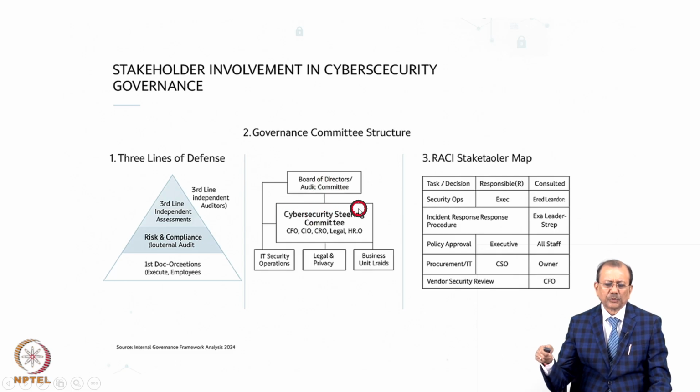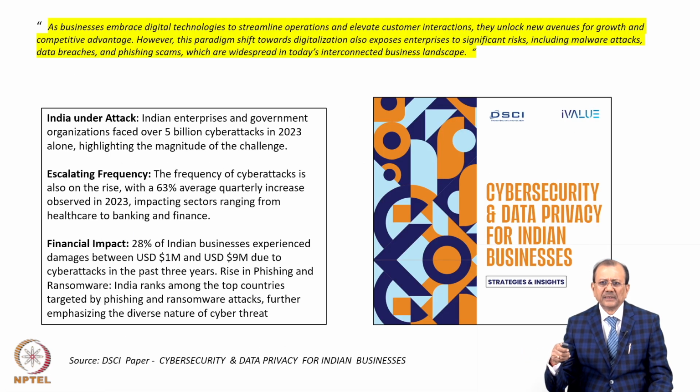Then there should be a steering committee like this, and then we have a framework called the RACI stakeholder framework. There are different stakeholders in the governance of cyber security. We have to empower them, we have to train them, they should know their responsibility and accordingly take action in the given situation. I would like to discuss data privacy and data protection in the next session.